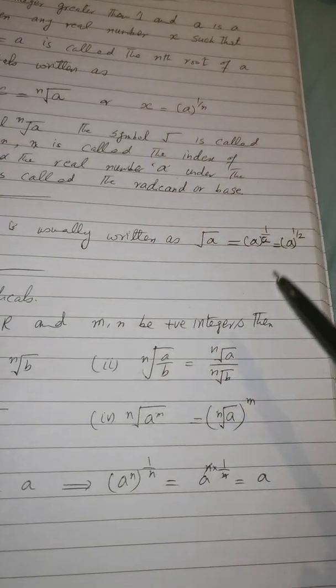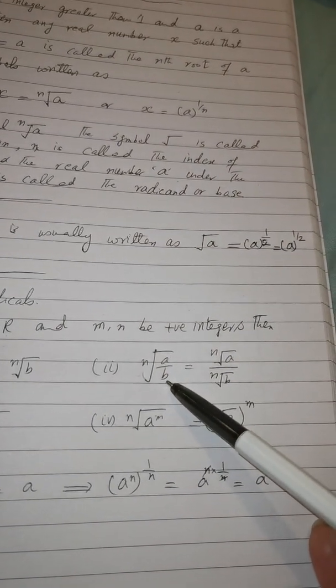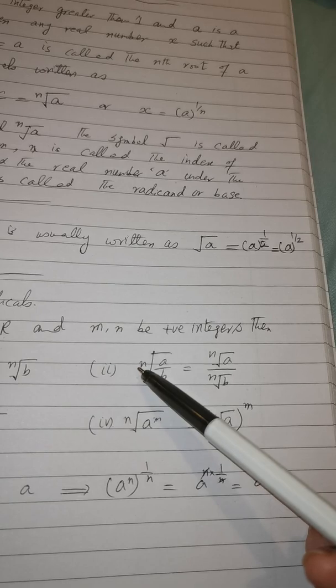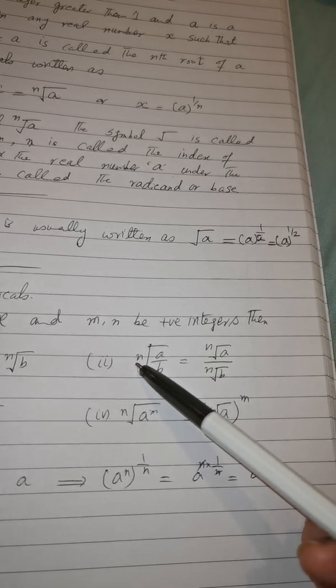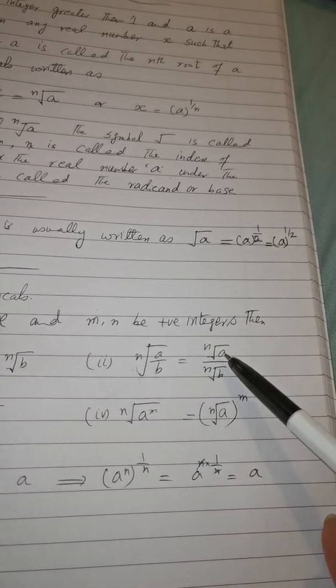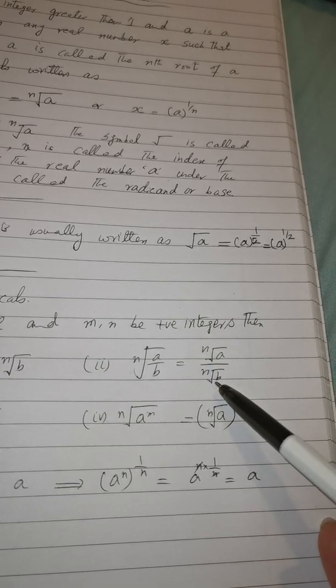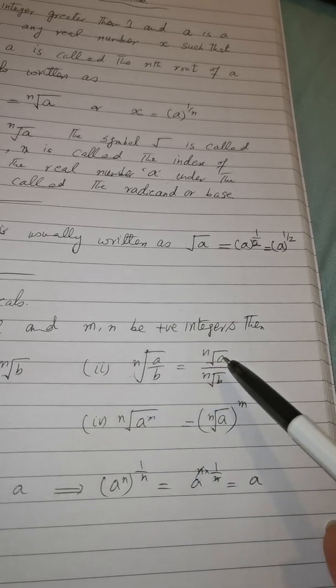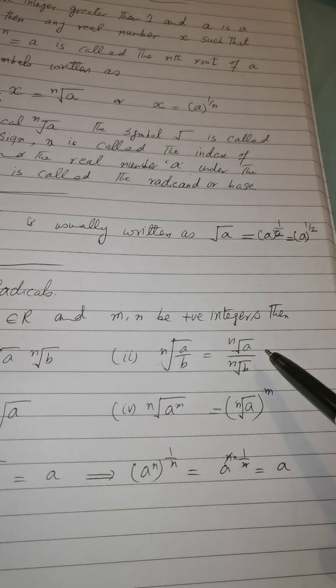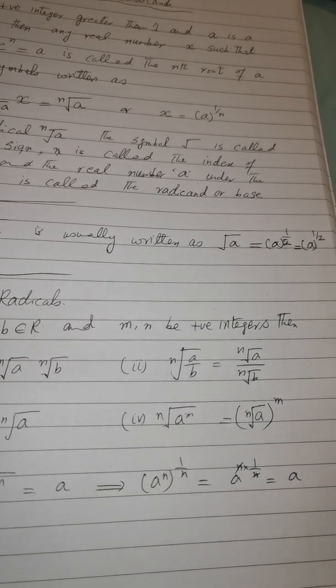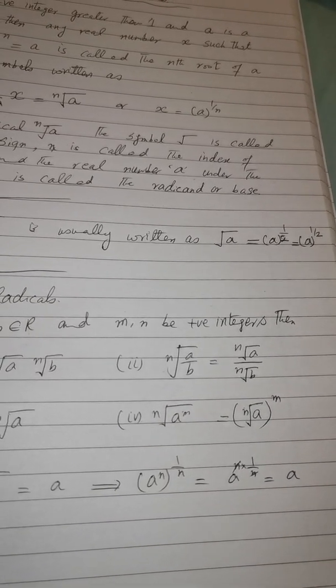This is the first property. Second property: if a is divided by b under root n, then you can separate it, a under root n divided by b under root n.